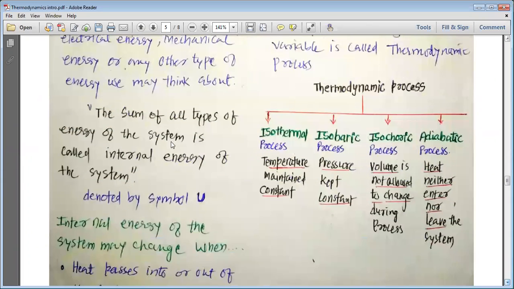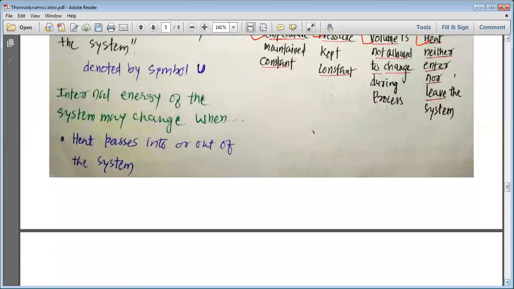It may be isothermal, where temperature remains constant, isobaric, where pressure remains constant, isochoric, where volume remains constant, and adiabatic, where the heat content of the system remains constant. Now, in what condition can we change the internal energy?